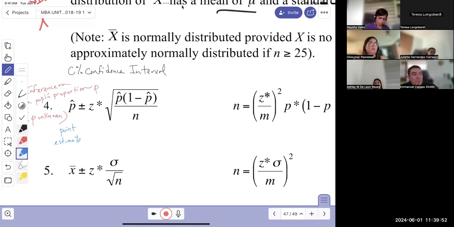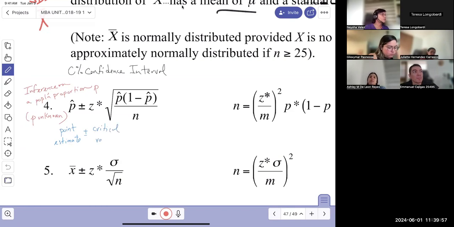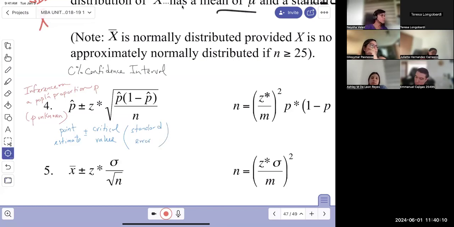This is called the critical value. And this is called the standard error. Okay, and I've shown you where to get the critical values from and the point estimate, and somewhat about using the theory that we developed previously to argue that this is a good representation of the proportion.